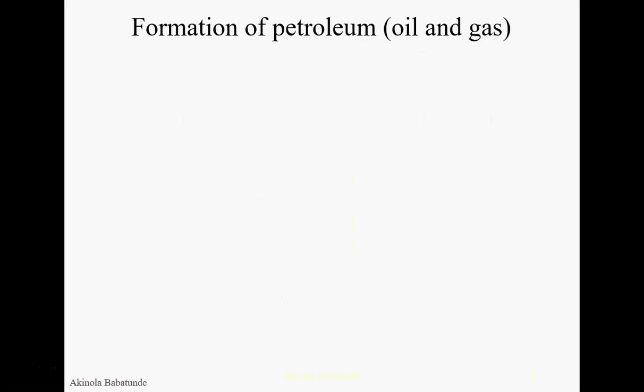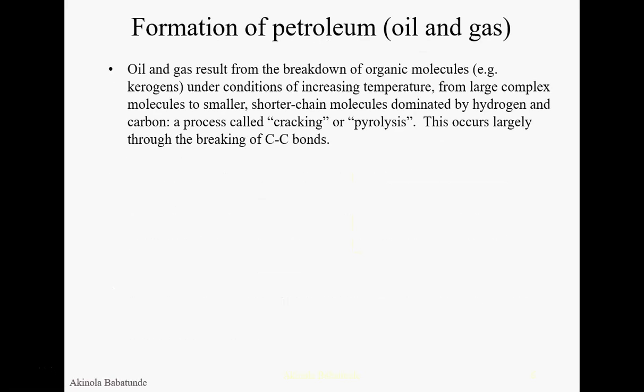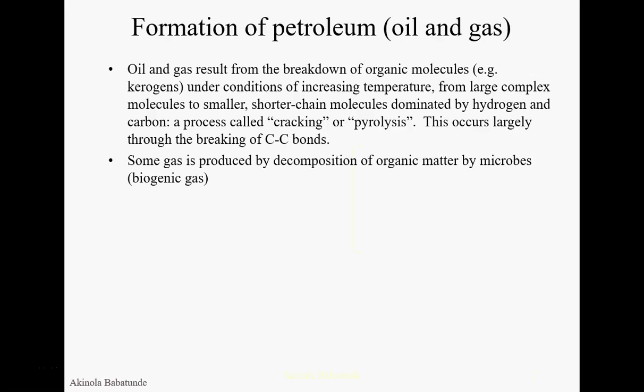How is petroleum formed? Oil and gas result from the breakdown of organic molecules under conditions of increasing temperature, from large complex molecules to smaller, shorter chain molecules dominated by hydrogen and carbon. This process is called cracking or pyrolysis. This occurs largely through the breaking of carbon-to-carbon bonds.